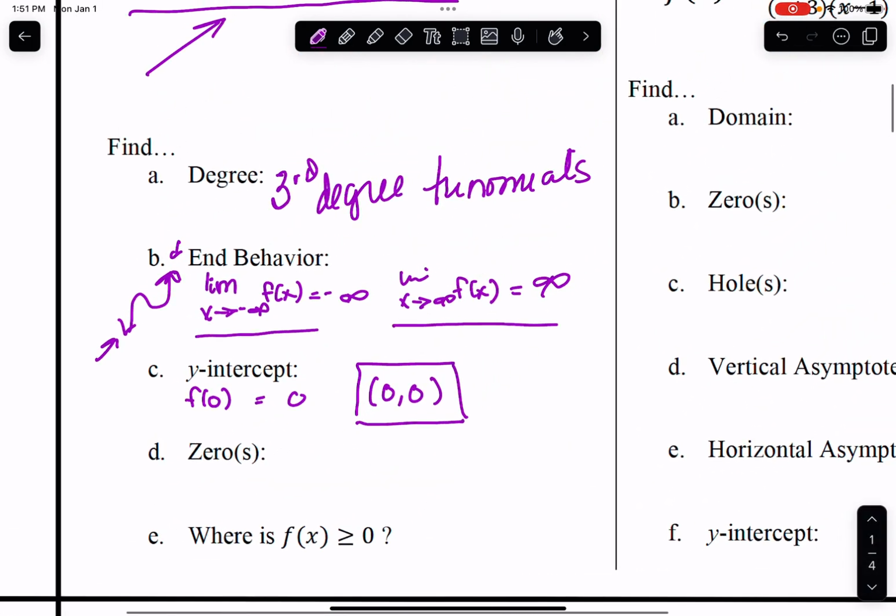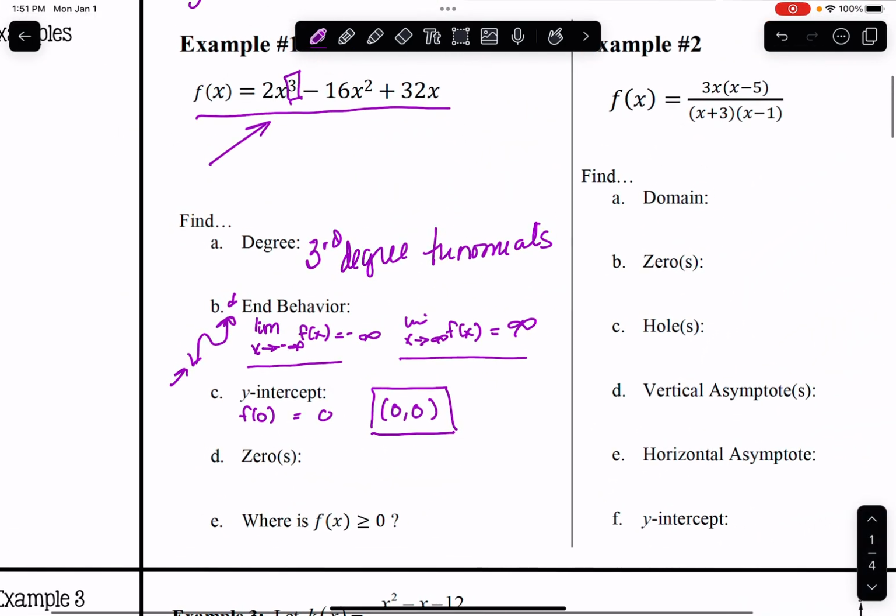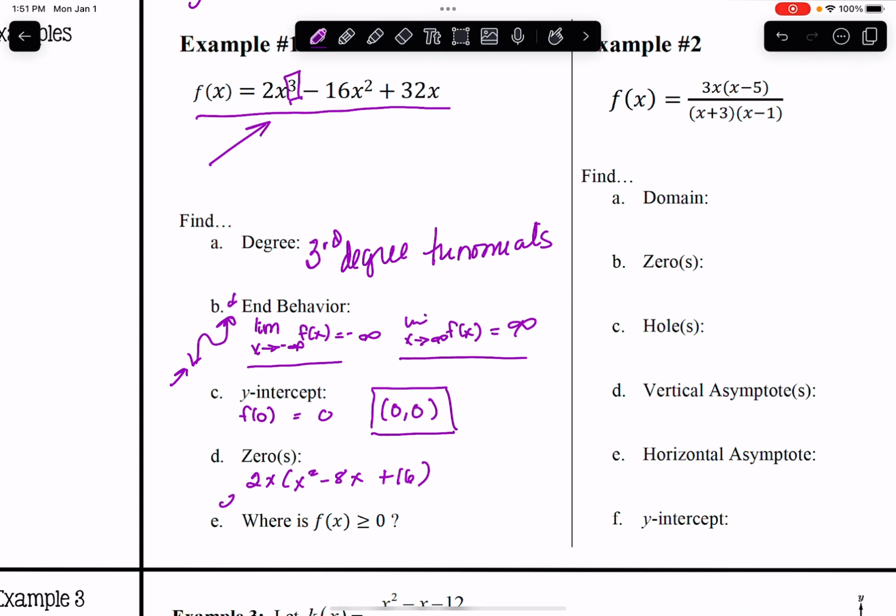Now the zeros, we'll have to do a little work. We're going to have to factor this to figure out the zeros. So if I take out a 2x, and then I have x squared minus 8x plus 16, that simplifies further to 2x, and then I get (x minus 4) quantity squared.